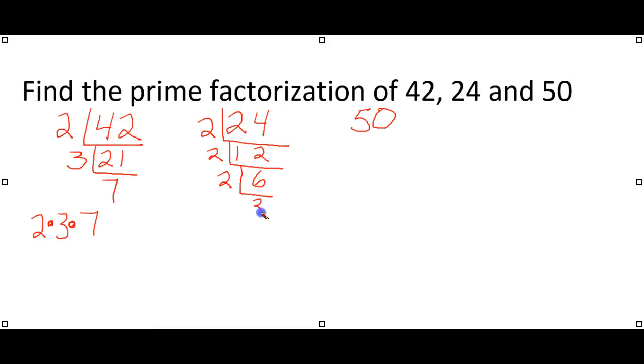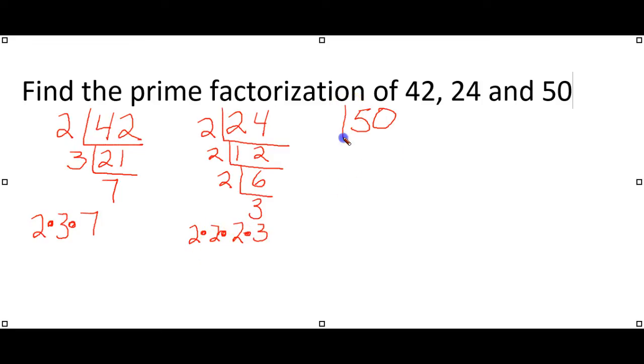And I'm left with a 3. So these numbers along the side here are my prime factors. So in showing the prime factorization of this, I get 2 times 2 times 2 times 3.